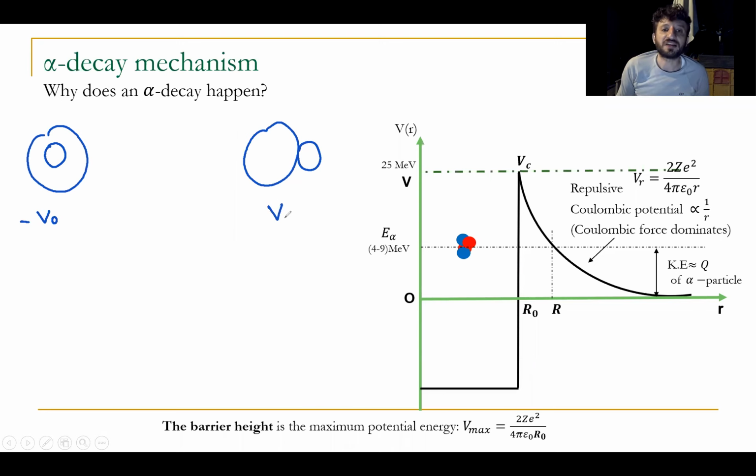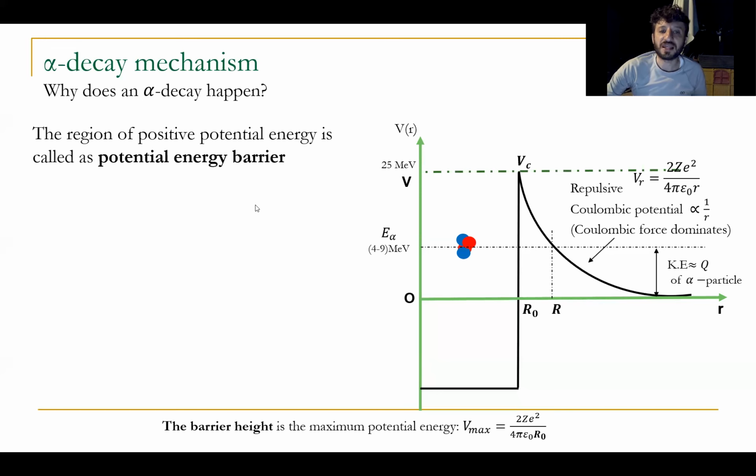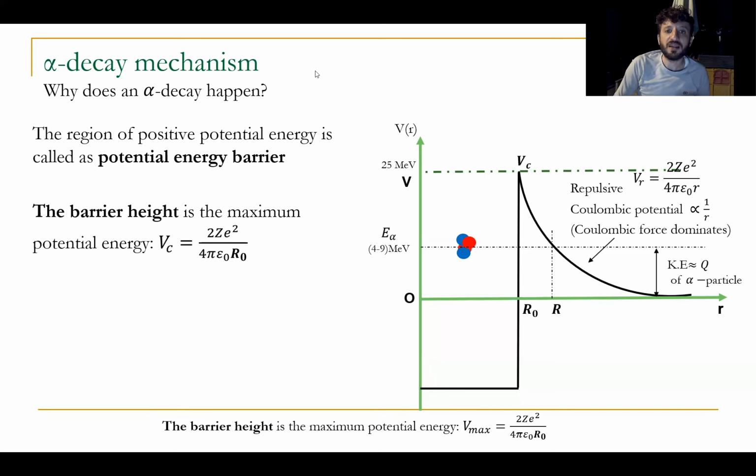We can say V Coulombic. Between them, when the alpha particle is going to come out of the nucleus, this region is called the potential energy barrier. It will be extended between R0 and R.